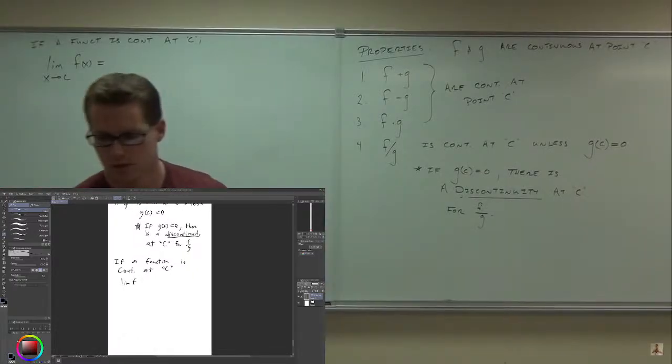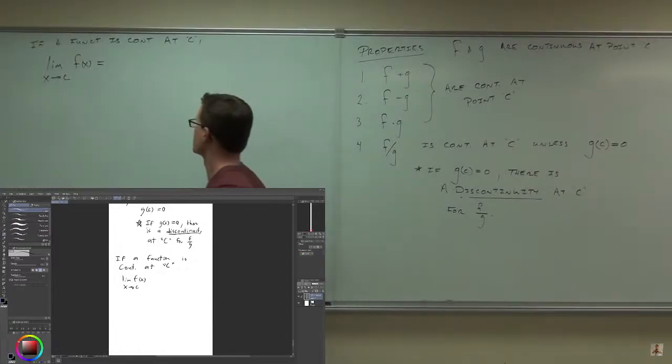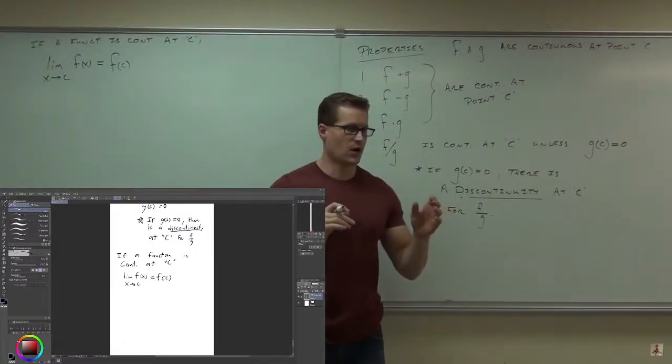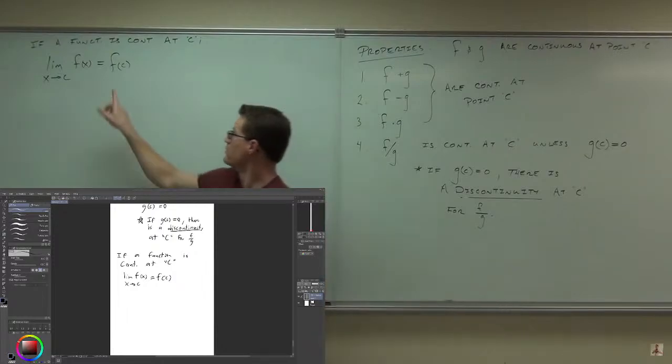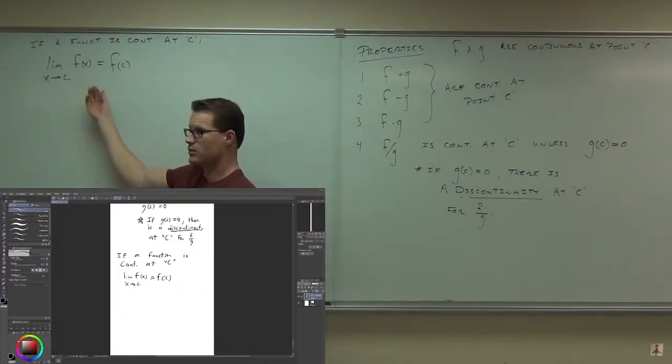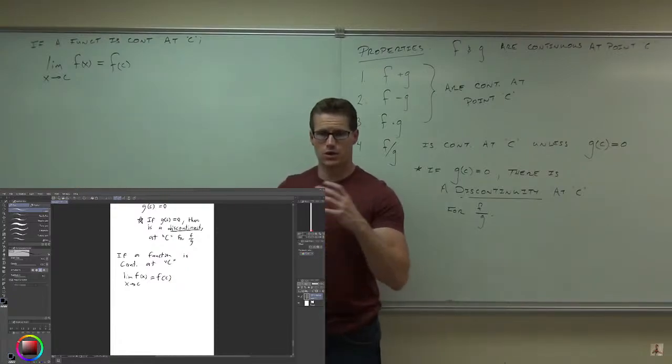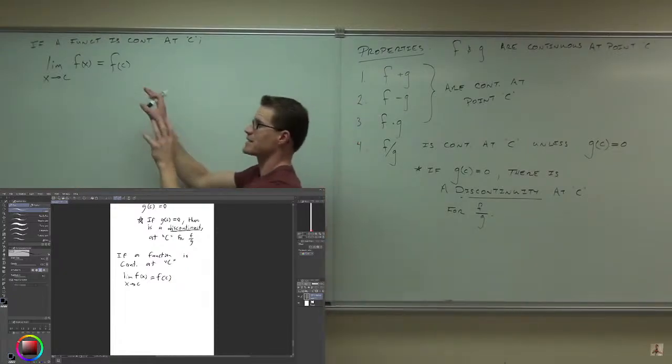The limit of the function as x approaches c equals, not c, f of c. Does that look familiar to you? That was the definition of continuity right there. It said this exists, and they equal each other. Remember that? That was number 3. So this is our definition of continuity. If we're continuous at any point c, then that has to take place.